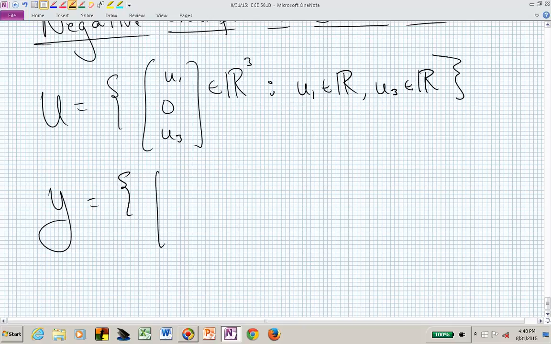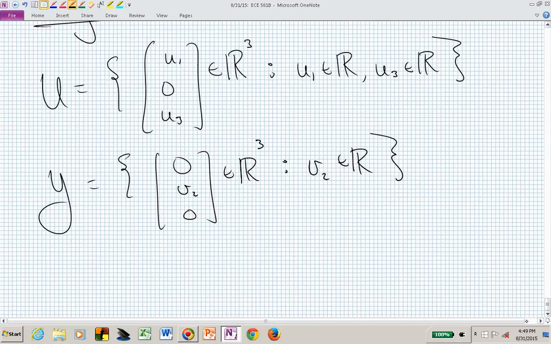Script Y is, let's say, V sub 2 in the second coordinate, or now the y-axis, and suppose that script W is this 45-degree line in the XZ plane.